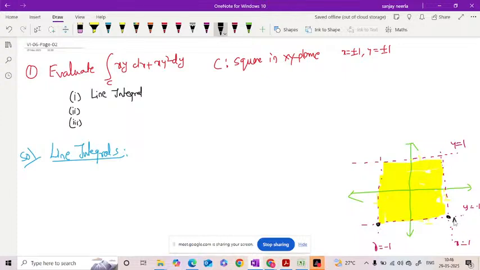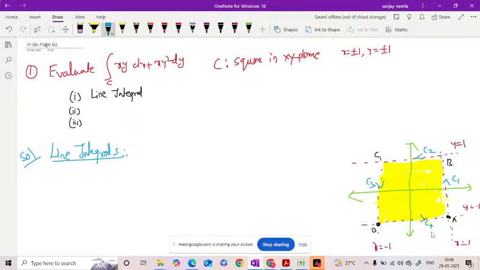Assume the corners are A, B, C, D, and assume this one is the C1 curve, this is the C2 curve, C3 curve, and C4 curve.